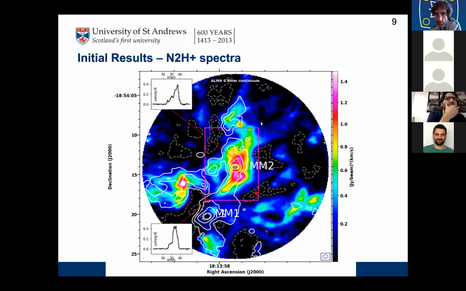The insets are showing the N2H+ spectra extracted at the local peaks of the integrated intensity map to the north and the south of MM2. What we can see here is that the N2H+ data has a very complex spectral structure, not like a single Gaussian structure. And it also displays a strong spatial variation from the north to the south of MM2.